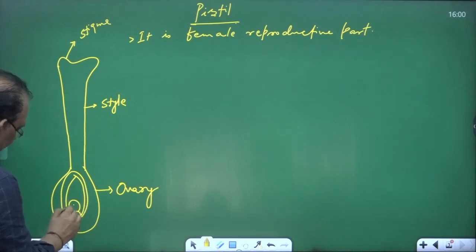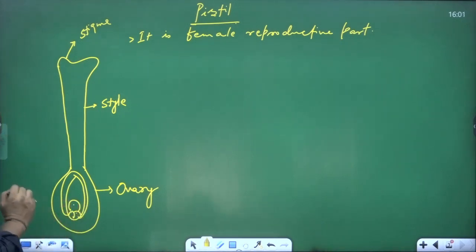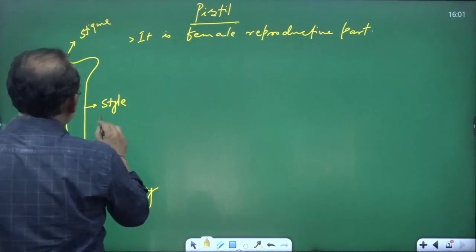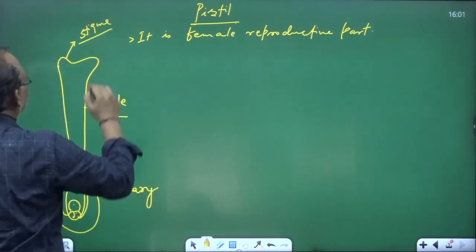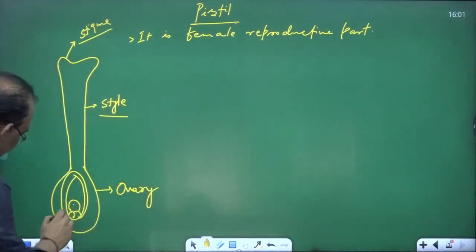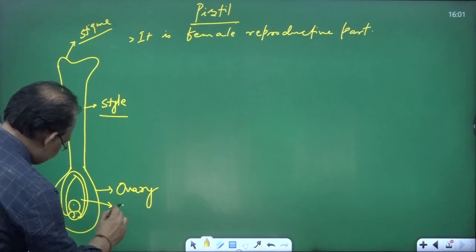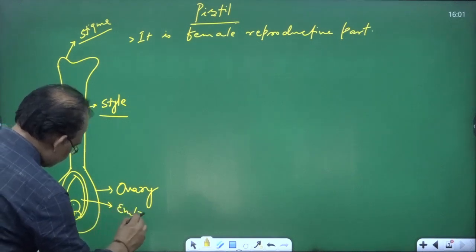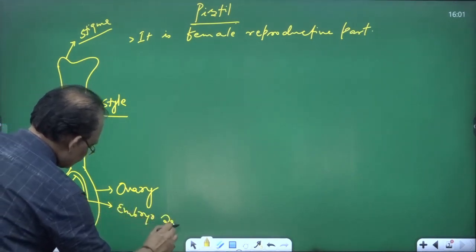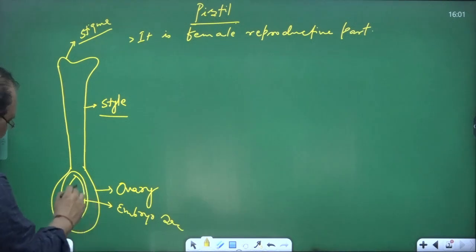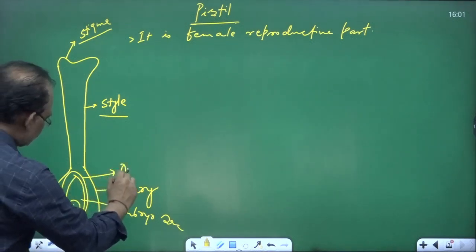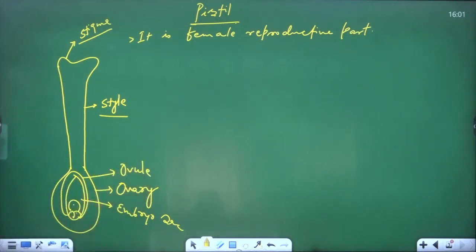And ovule contains embryo sac. So this structure is embryo sac. This is ovary and this is ovule. So this is the structure of the female reproductive part, and this structure is ova.